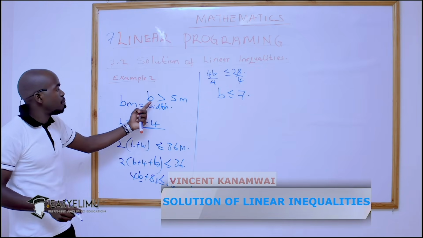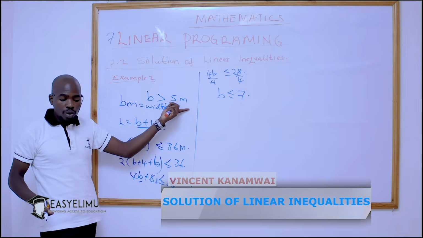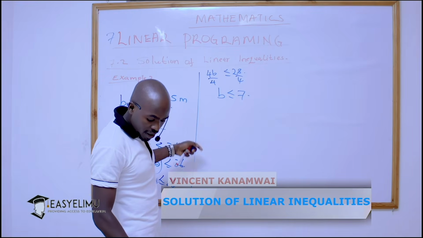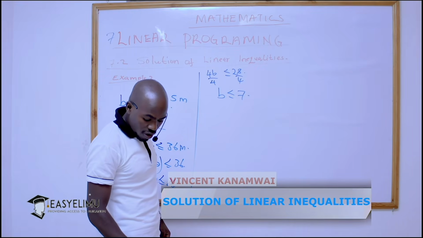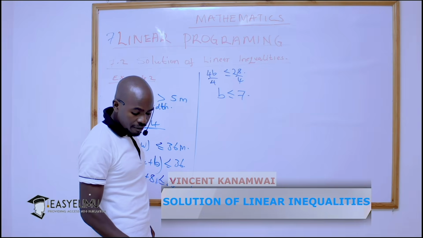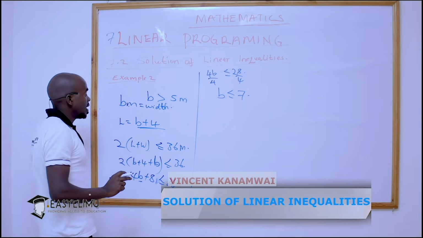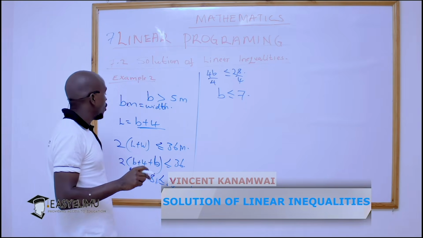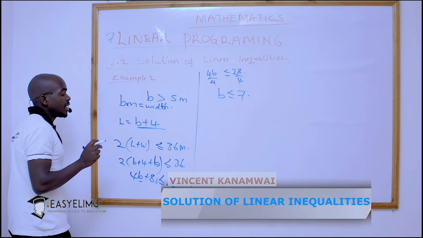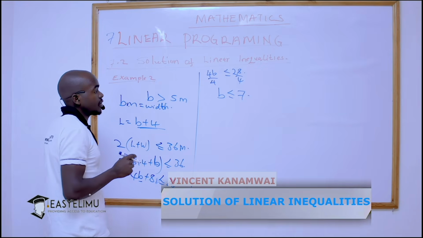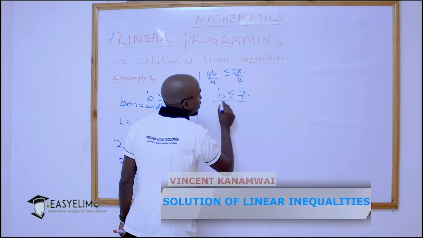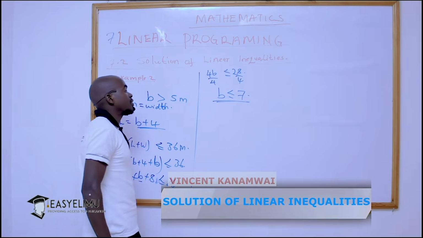But here we were told b is greater than 5, because we were told the width of that rectangle is more than 5 meters, but the perimeter of it is not greater than 36 meters. So we are finding that b is less than or equal to 7.